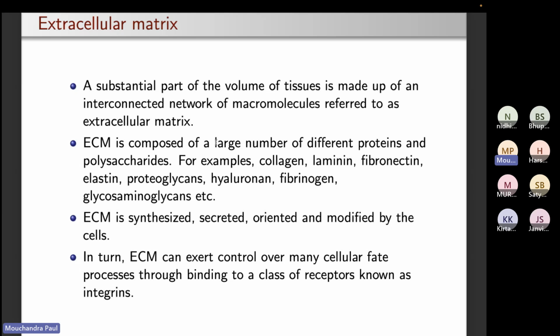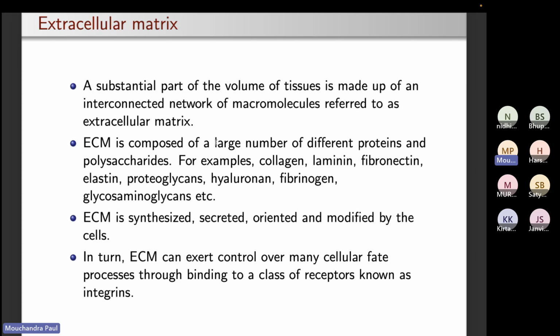And this ECM can be composed of various kinds of proteins as well as polysaccharides. What examples, if I may say? There is collagen, laminin, fibronectin, elastin, proteoglycans, hyaluronan, fibrinogen, glycosaminoglycans, and many other examples of the various proteins and polysaccharides that make up the ECM.